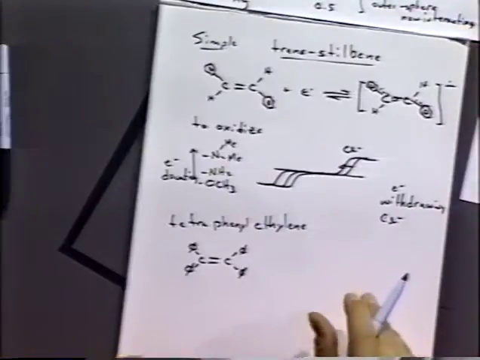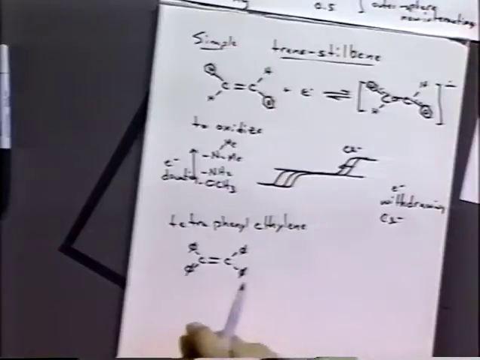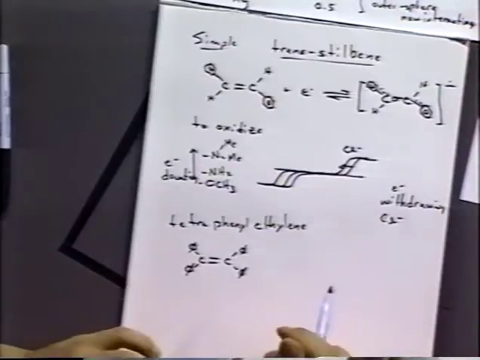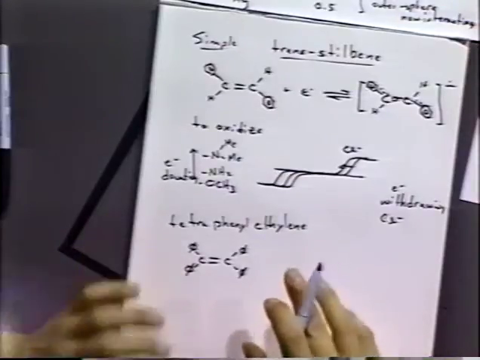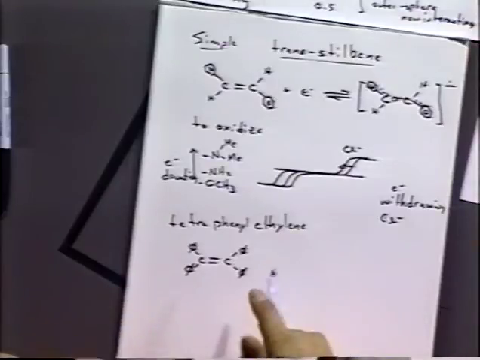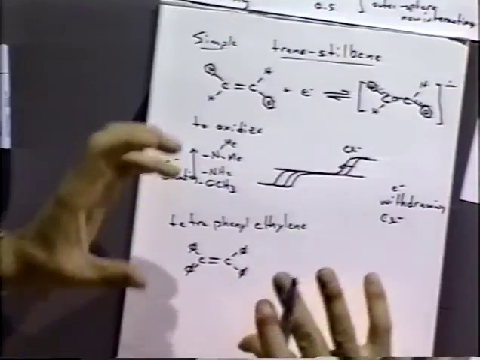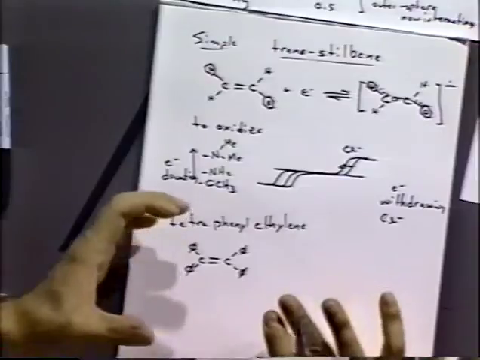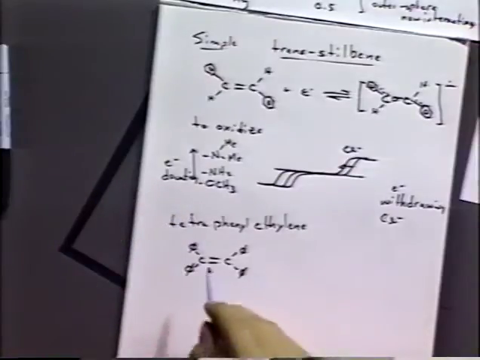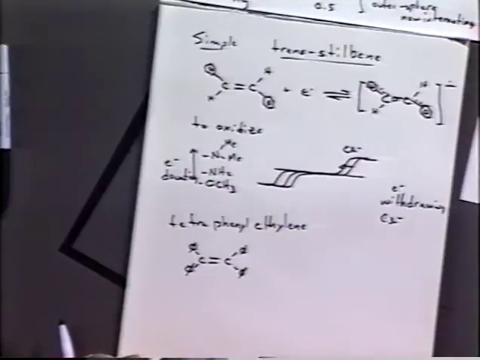But in fact, what happens is not that. As soon as that reduction occurs, there is a significant bending of the bonds, or twisting of the structure, because of the phenyl rings there, they undergo some steric interactions, and so they twist away from planarity as soon as the double bond character is reduced by adding an electron to it.